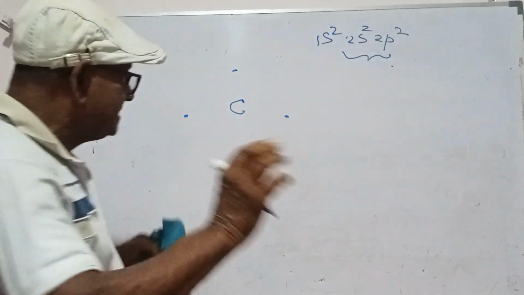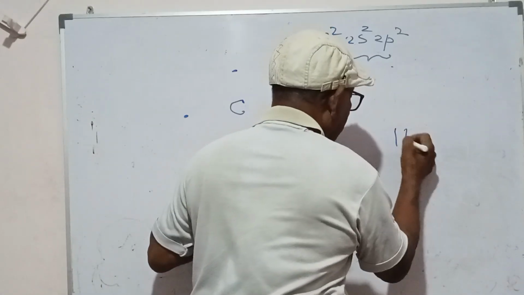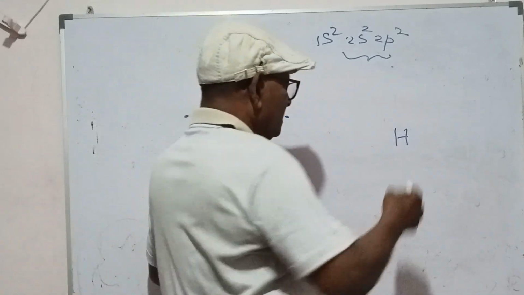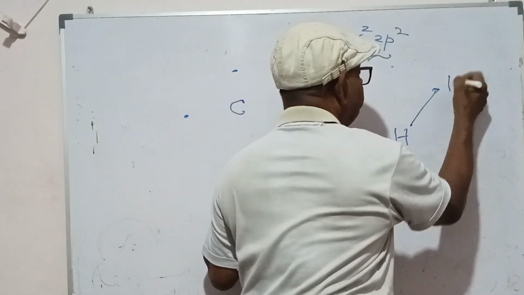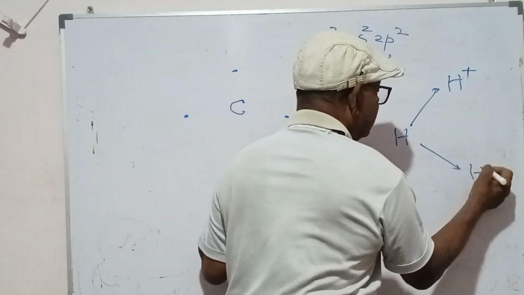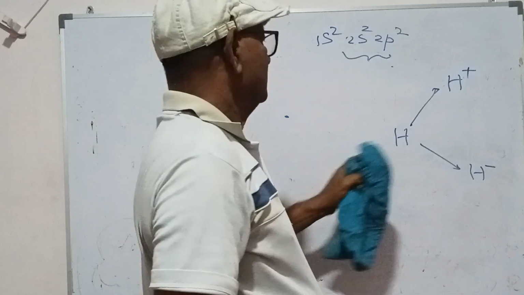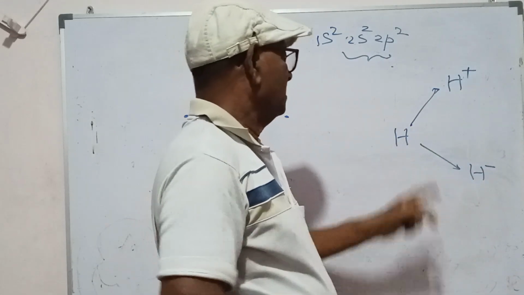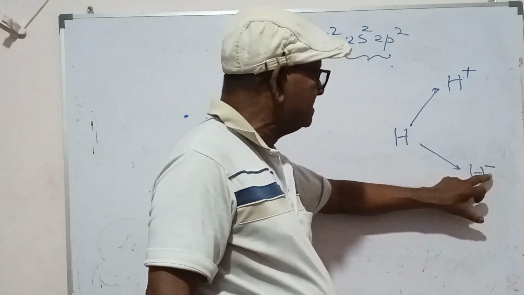If we think about hydrogen, I told you in my second video, hydrogen can form H plus ions as well as H minus ions: with the removal of an electron, H plus, with the gaining of an electron, H minus.